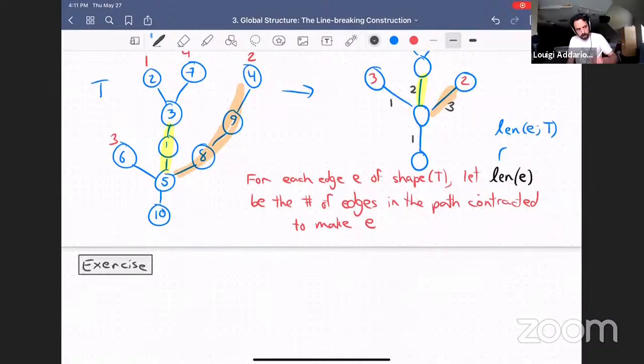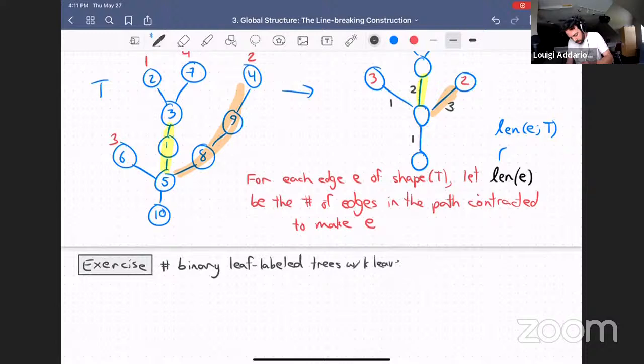This is one of the exercises in the notes. It's not hard. The number of binary leaf labeled trees with K leaves is 2k minus 3 double factorial.